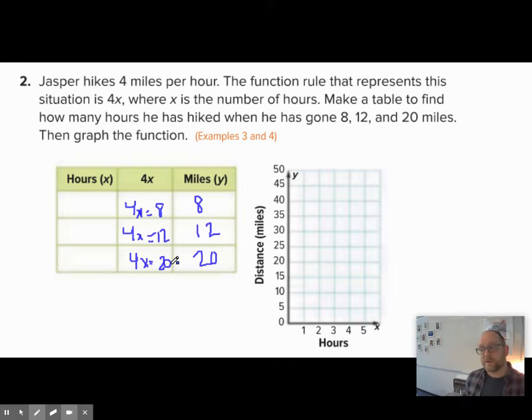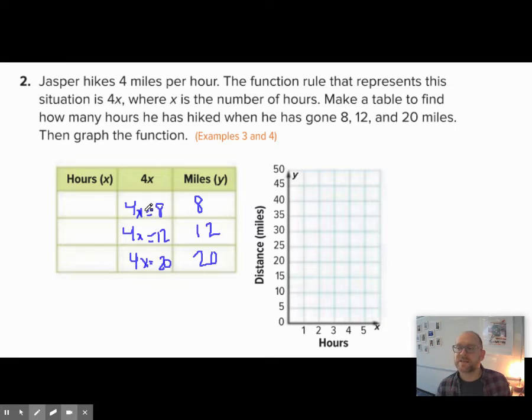So there we go. Now, if you look at this, you see we've got a problem just like we had last week, and we're going to have to use an inverse operation to get to our answers here. For each of these, we're going to divide the 4x by 4, and then divide the y value, or the number of miles, by 4, and that will give us our number of hours.